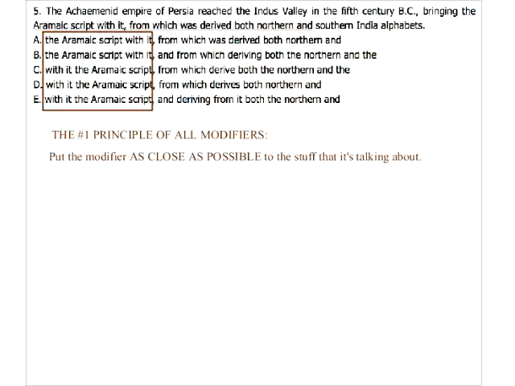That's it. So if you see something like this, where in A and B it's farther away, and in C, D, E it's closer, then C, D, and E are better.